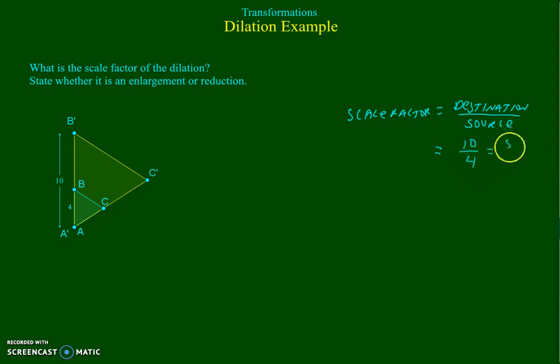And that simplifies to 5/2. So our scale factor for this dilation is 5/2. Since this number is greater than 1, we know this is an enlargement.